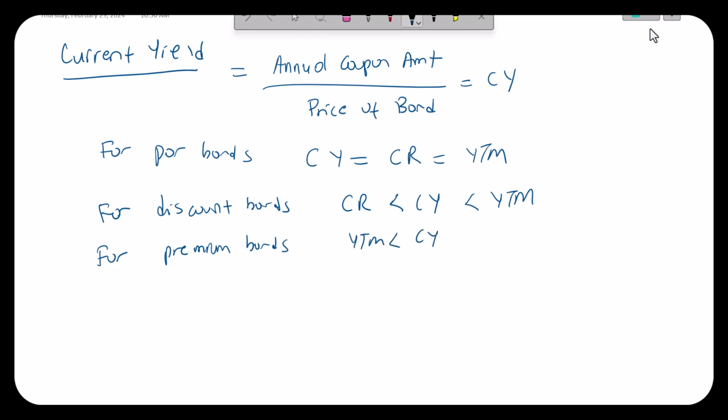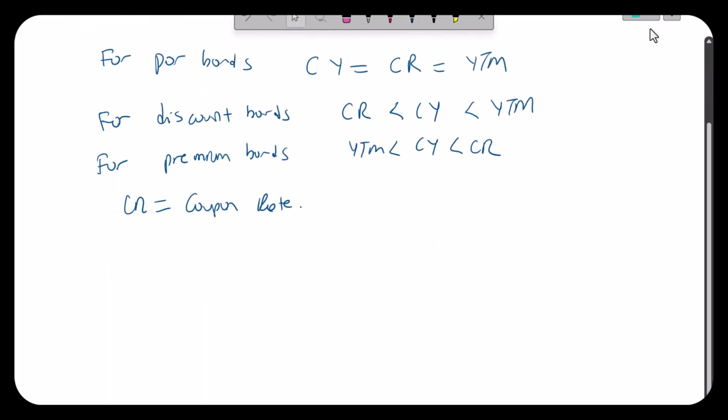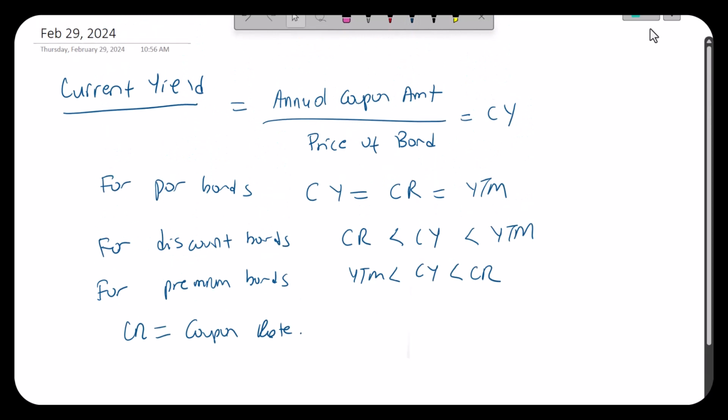YTM is less than current yield, which is less than coupon rate. And CR simply means coupon rate. There are a few problems that ask you to calculate current yield, or given the current yield, to calculate other stuff.